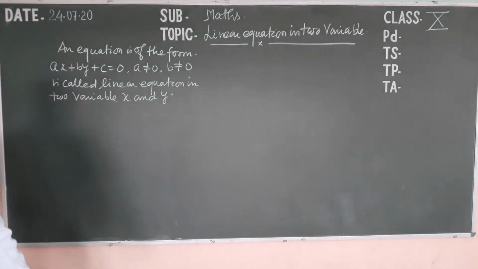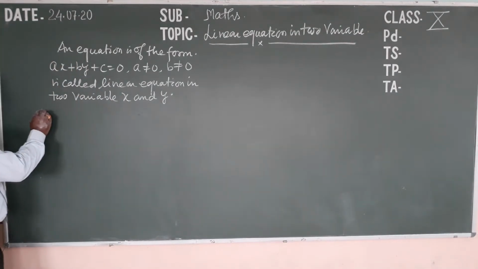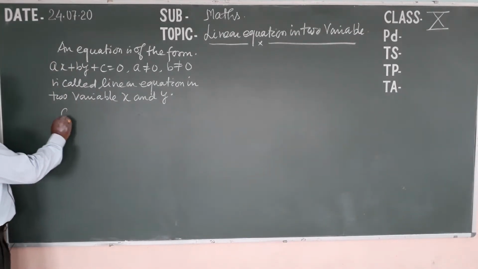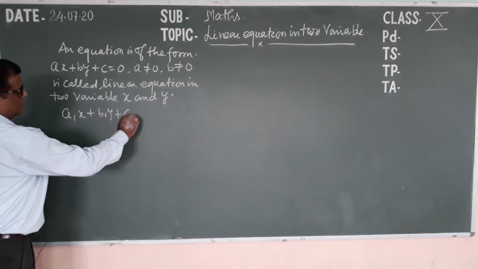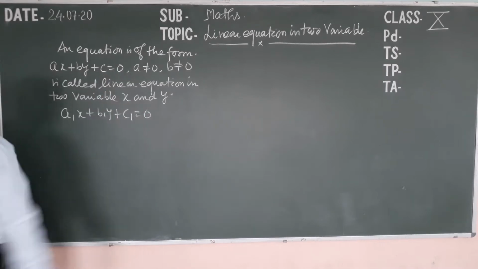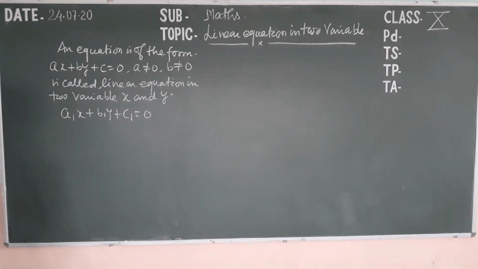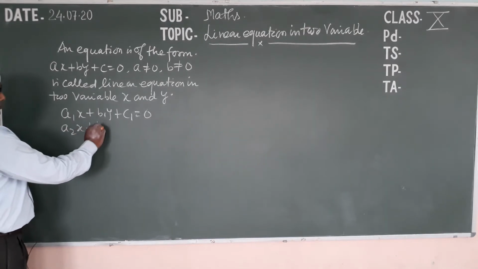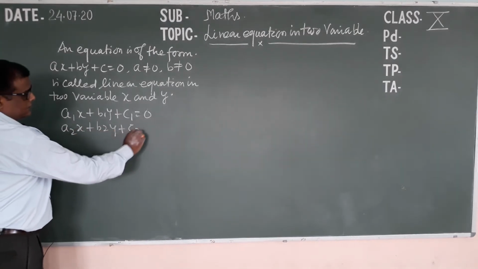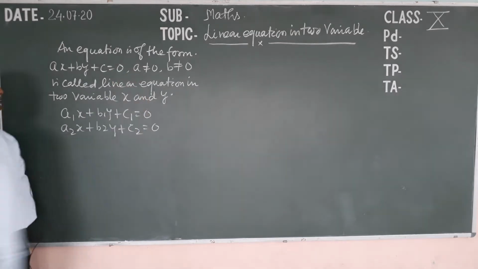Here, suppose we have two equations: a1x plus b1y plus c1 is equal to 0, and a2x plus b2y plus c2 is equal to 0.